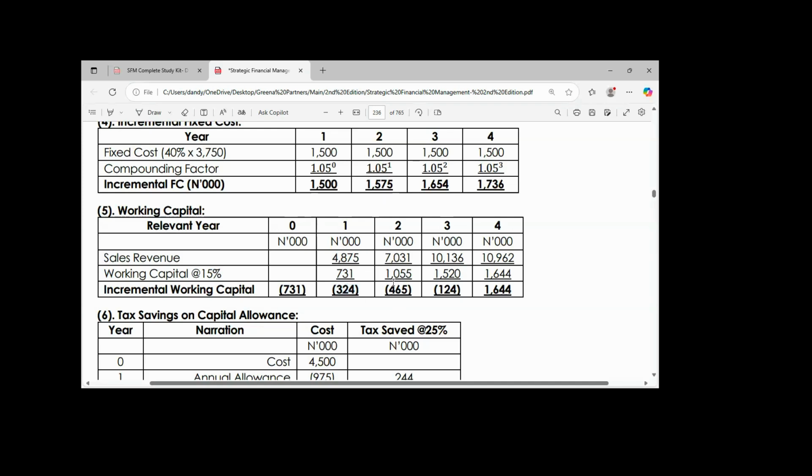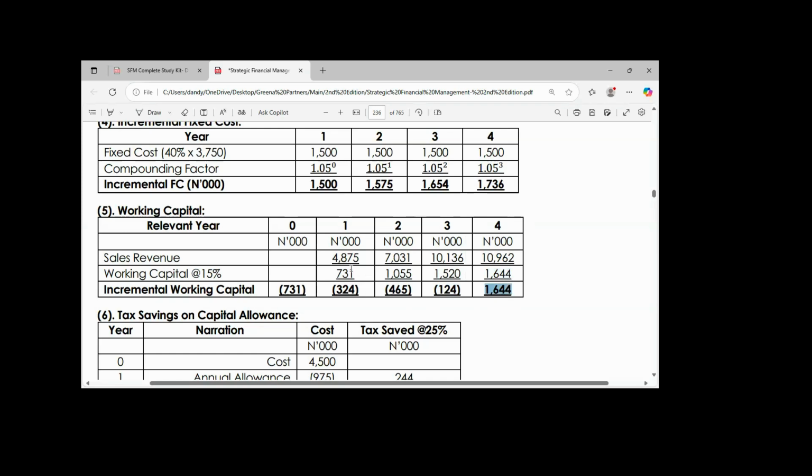Between the second year and the third year, working capital has increased from 1055 to 1522 by 465. Between the third year and the fourth year, working capital increased by 124. That is 1520 minus 1644. That is what produced the 124. Then, of course, in the fourth year, 1644 minus 0 will give you 1644.